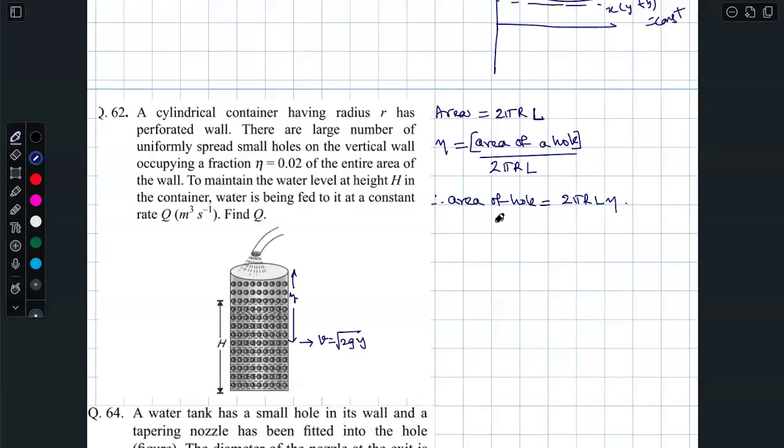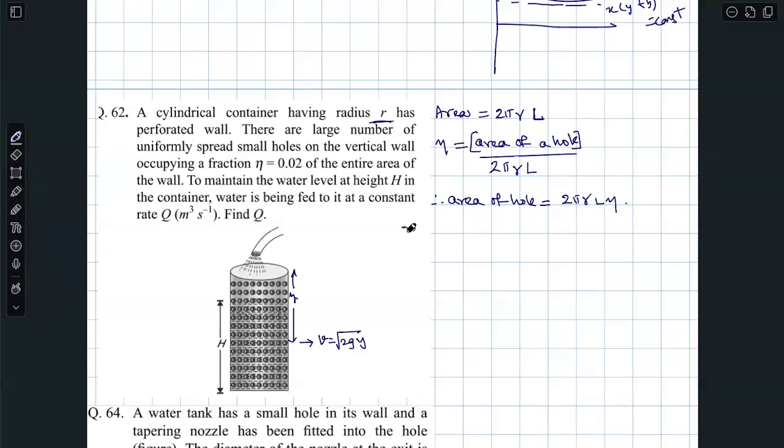So what is the expression for a radius smaller? Right?